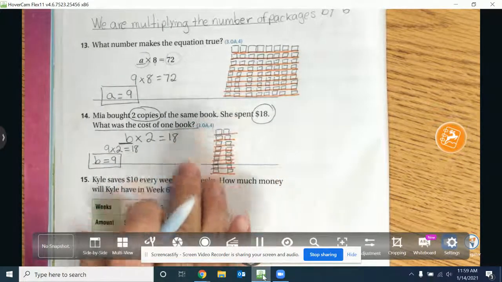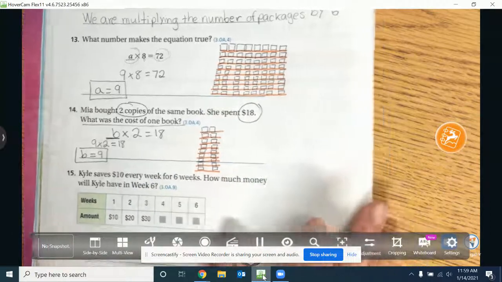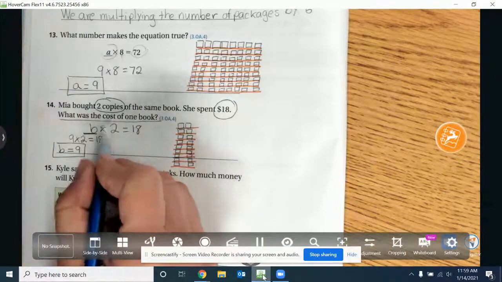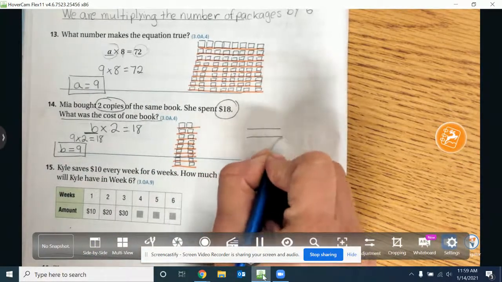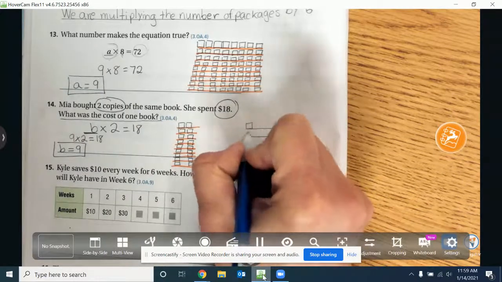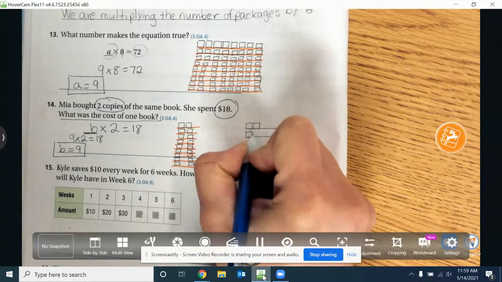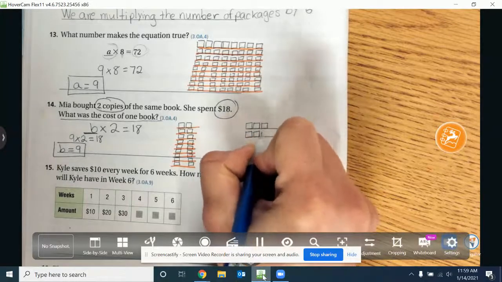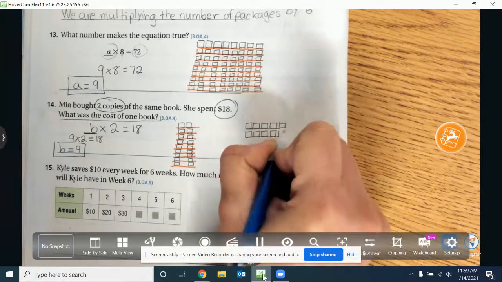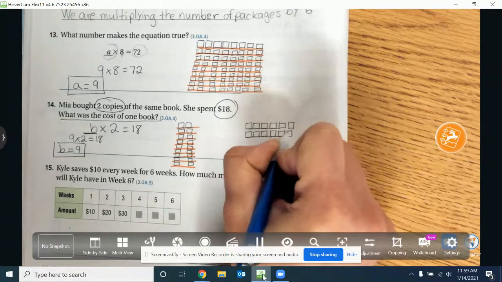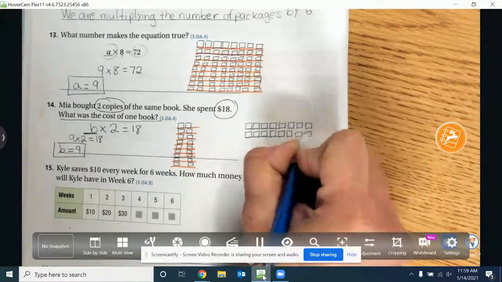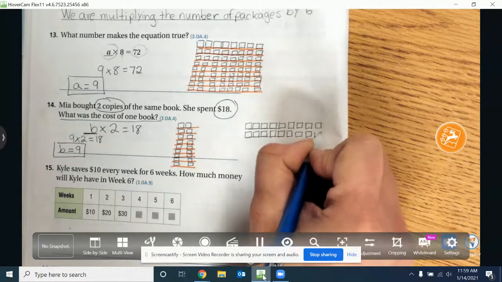The other way you could have solved this, which is also correct, is instead of making rows of 2, we can make 2 rows, and we can put one box at a time until we get to 18.